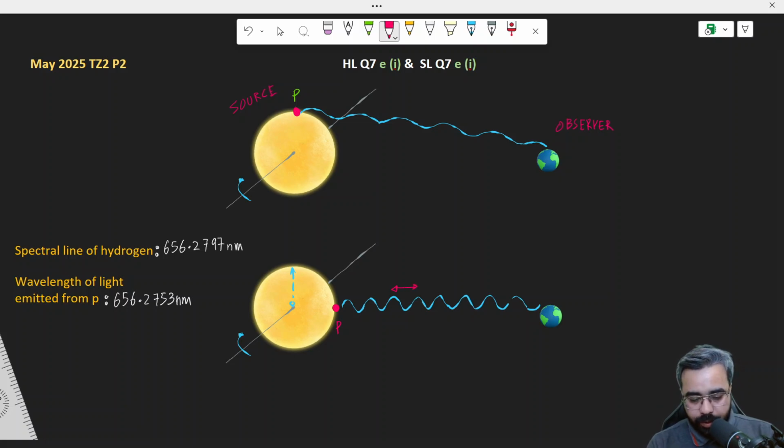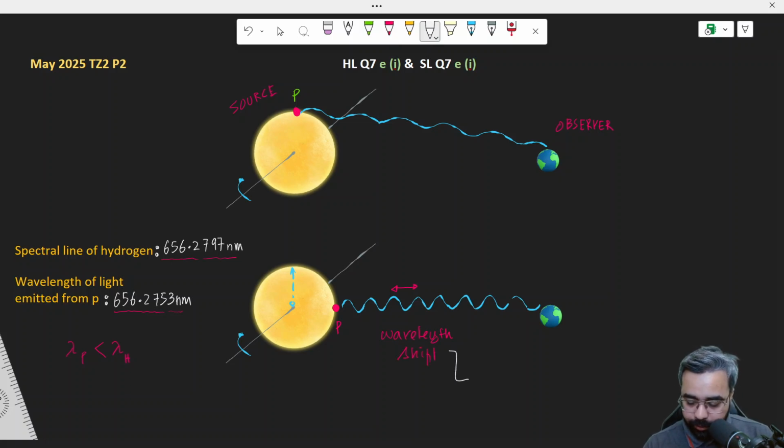So this is the actual wavelength of the light from the hydrogen spectrum, but the wavelength that is emitted from P, you see, is less than the wavelength of the hydrogen light, which means that there is a wavelength shift, from a longer wave to a shorter wave.